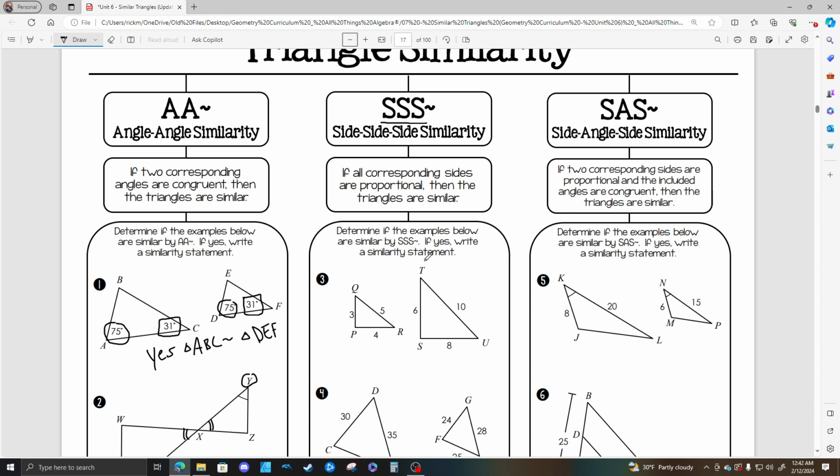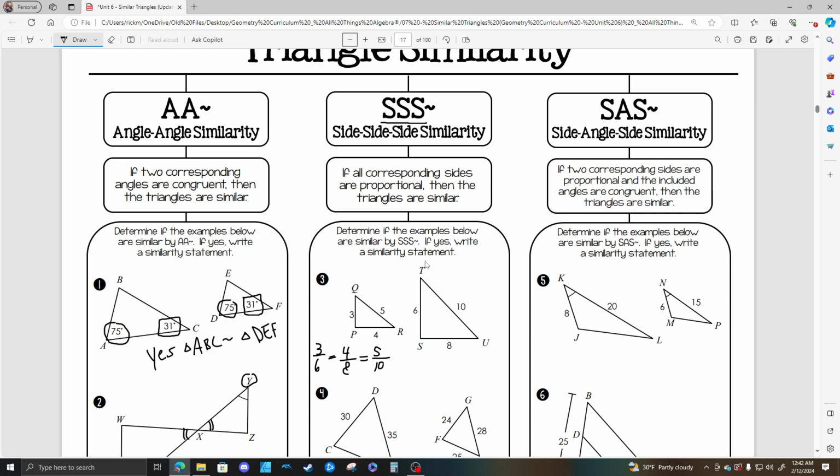So let's look at this real quick. If we look at number 3, we know that this 3 is going to correspond with the 6 over here. So 3 over 6 has to equal 4 over 8, which has to equal 5 over 10, the last one. Now what do these all reduce to?